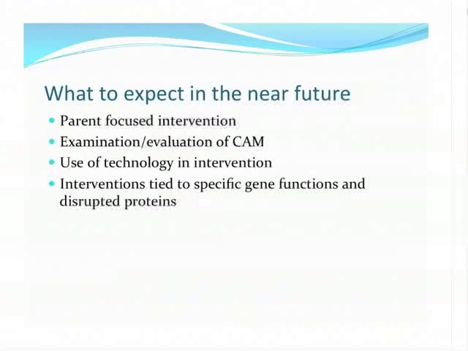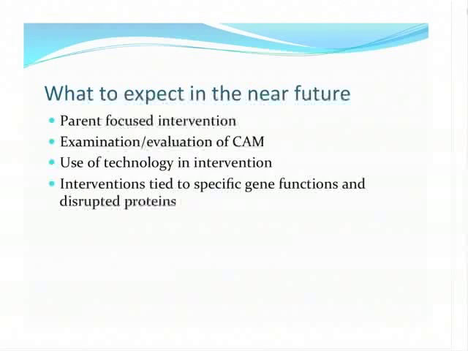As I mentioned, CAM use is by far the most common category of treatment approaches utilized, but science is behind the times on that. We get it as a field, so we're working on understanding the effectiveness of many of the CAMs used out there. Use of technology is certainly a hot topic among lots of folks, incorporating iPads and the Microsoft Kinect and all these different technological advances into intervention programs.